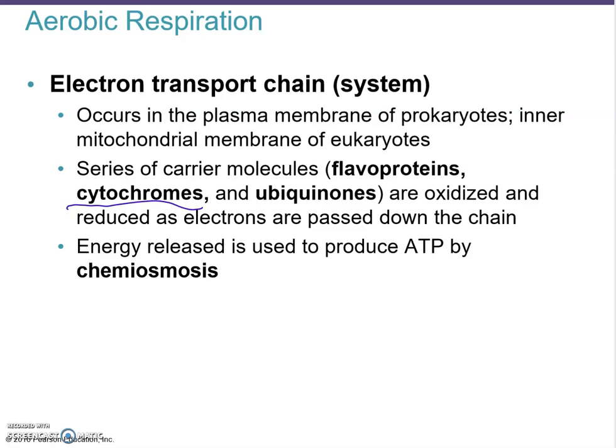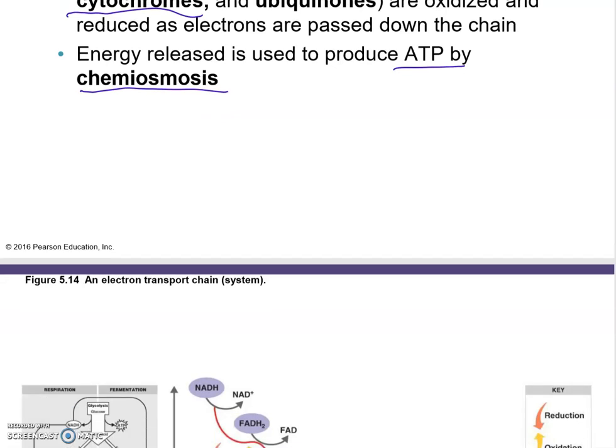And they are basically receiving the electrons. So the hydrogen will be split into protons and electrons, and then the electrons have a lot of energy, and they will be passed on in this electron transport chain from enzyme to enzyme, powering these hydrogen pumps. Basically, in the end, we are producing a lot of ATP in a process known as chemiosmosis, and we'll take a closer look at that.